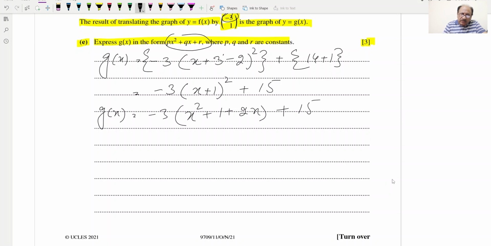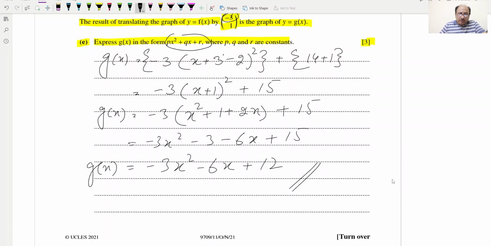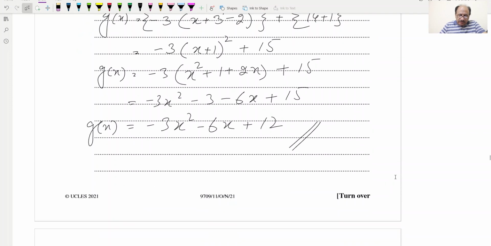And we can multiply by minus 3, so minus 3x squared minus 3 minus 6x plus 15. So the final answer will be g of x is equal to minus 3x squared minus 6x plus 12. So this will be the final answer for this part E.